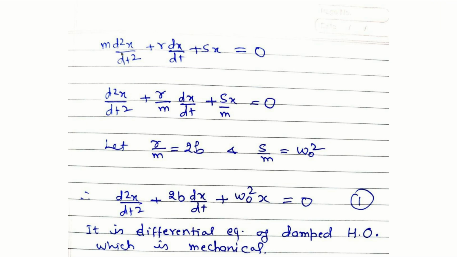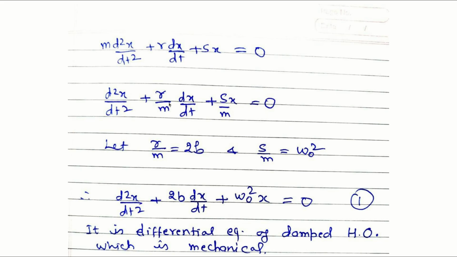We can write m d square x by dt square plus r dx by dt plus sx equal to 0, and we divide both sides by m. The left side becomes d square x by dt square plus r by m dx by dt plus s by m x equal to 0.